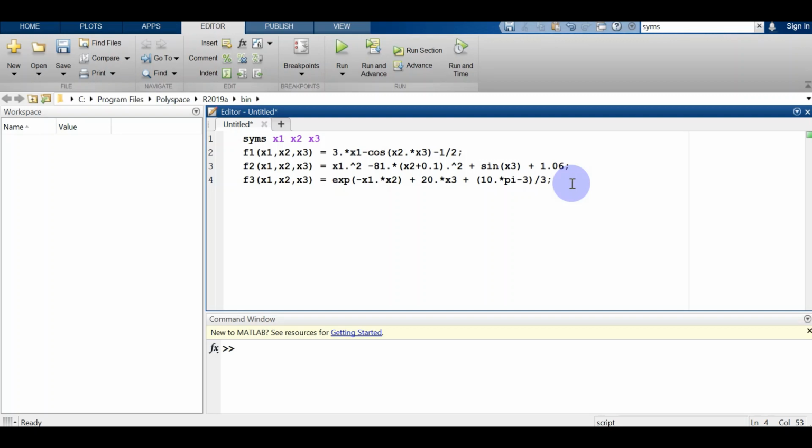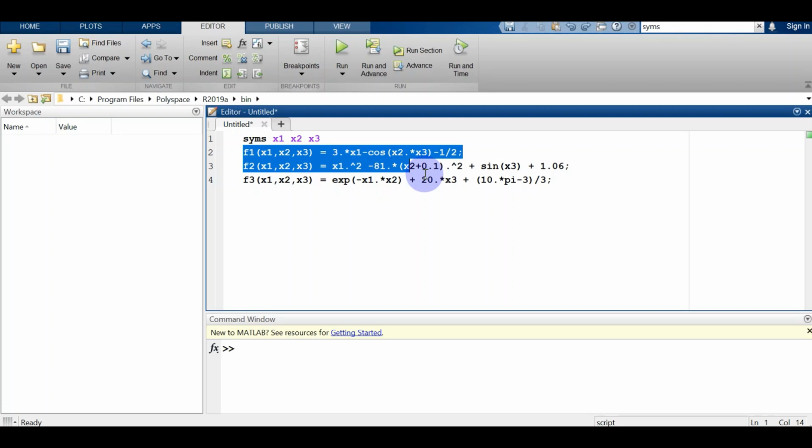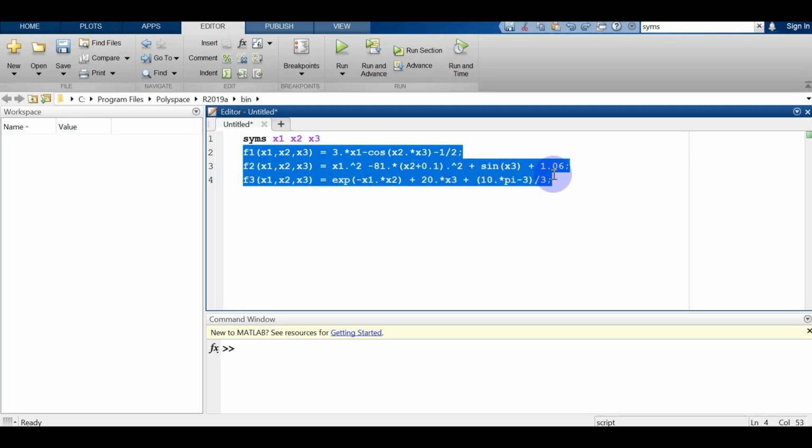To introduce my three nonlinear functions, I'm going to take the help of the MATLAB symbolic library. The reason is that I want to compute the partial derivatives of these functions using the MATLAB built-in library instead of writing the derivatives on my own.